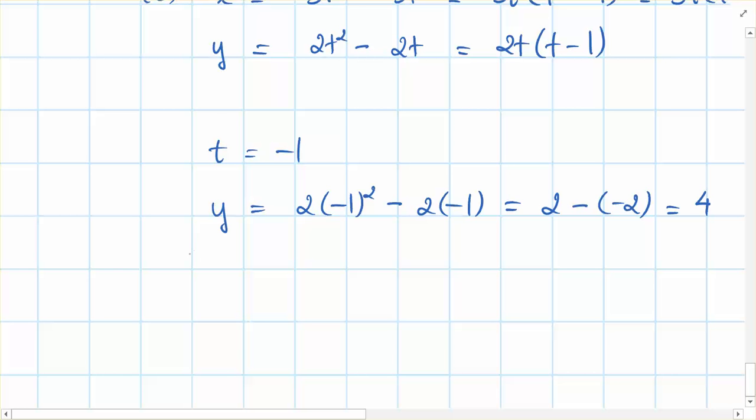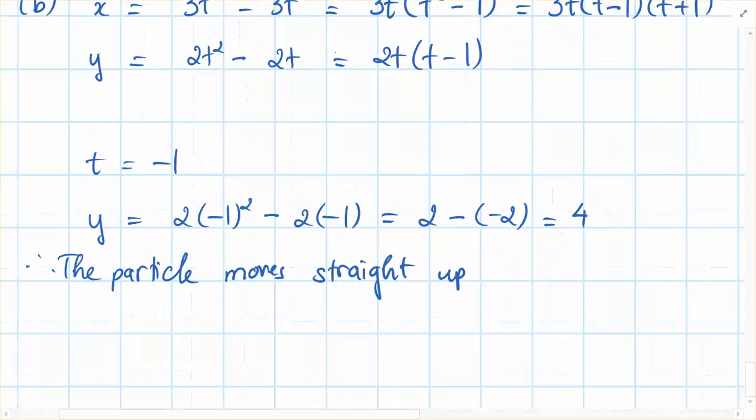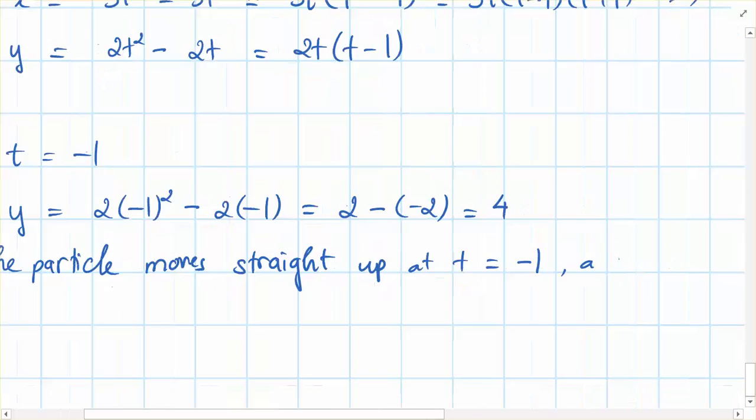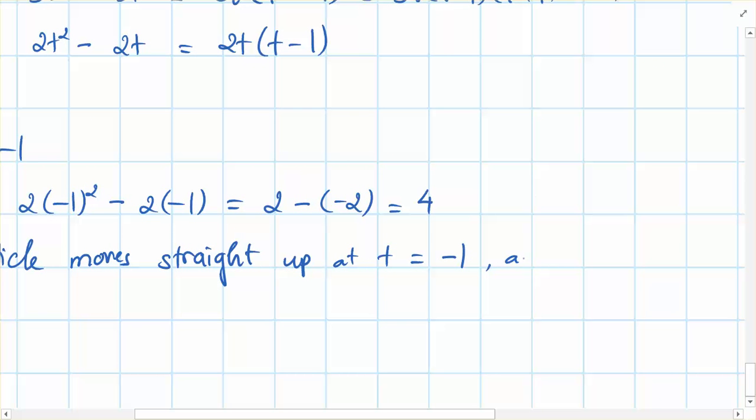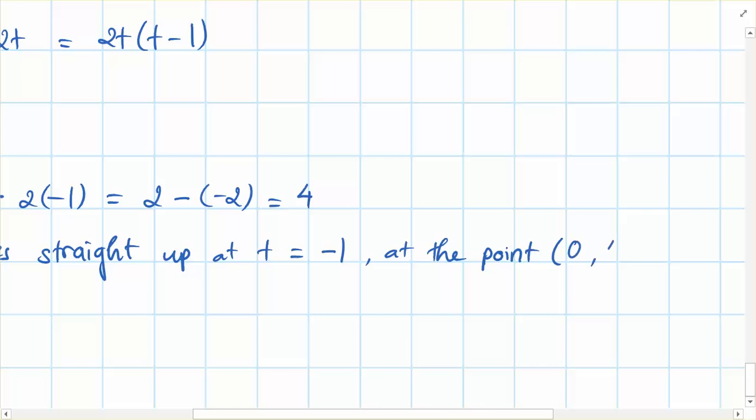So the particle moves straight up at t equals negative 1 and at the point (0, 3).